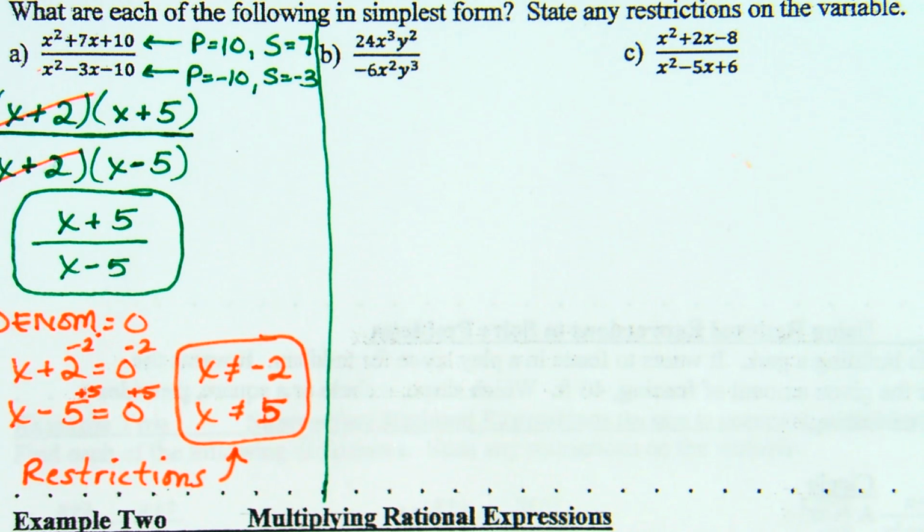Can't they both divide by 6? What about the x's? Are there any x's in common? How many x's do we have on top? 3. How many x's do we have on bottom? 2. Are there any in common? They both have 2 x's, right? Because on top, when you see x to the third, think of x to the third as x times x times x. X squared is x times x.